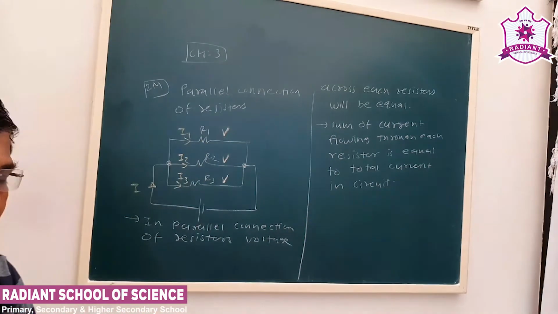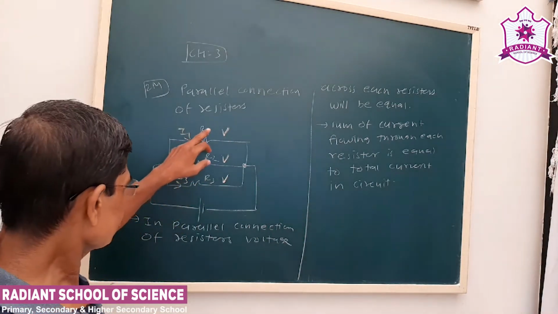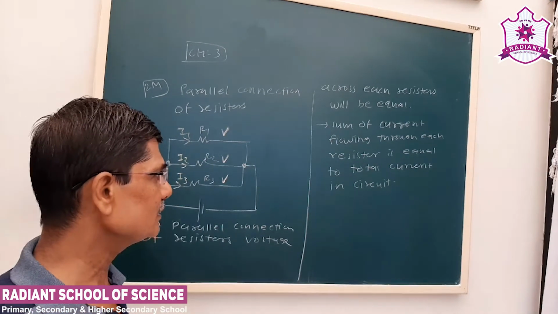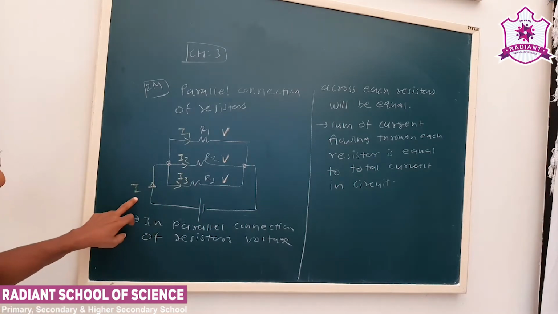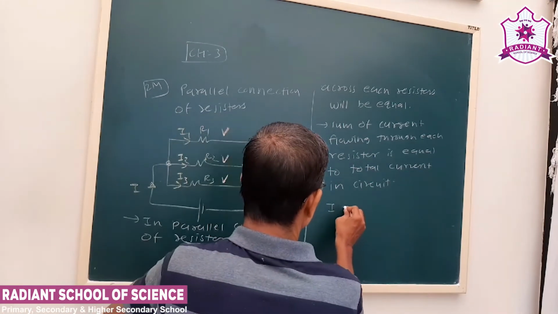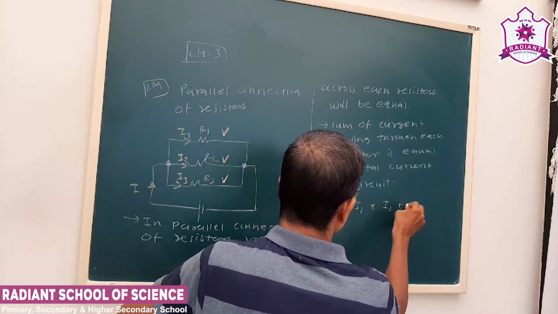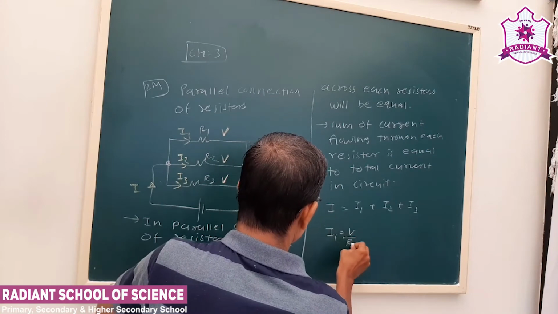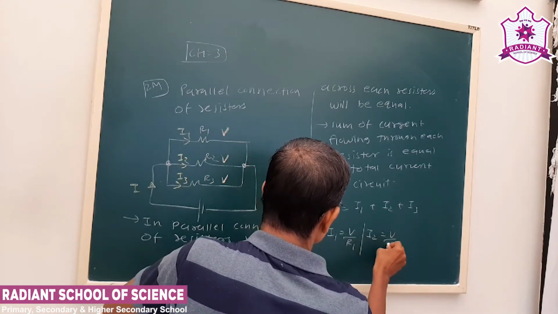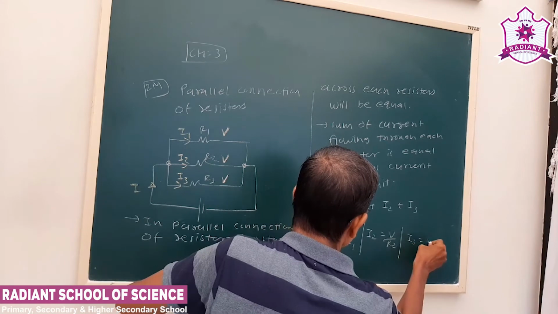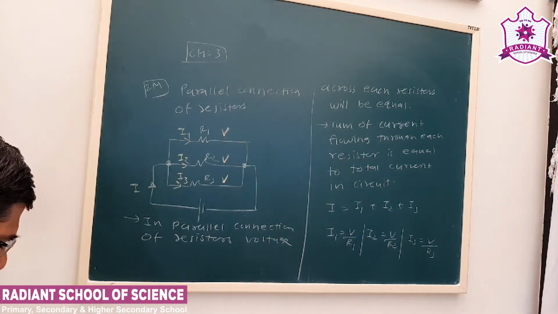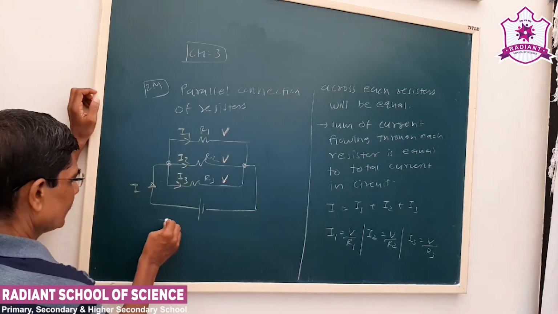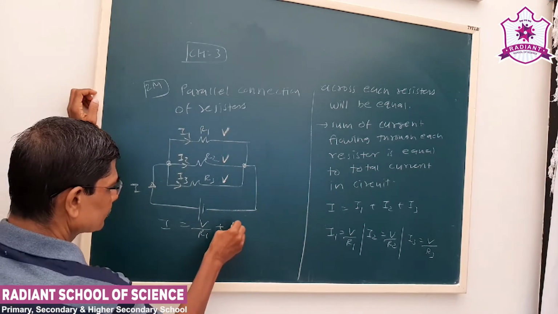Okay, see, in parallel connection, voltage across each resistor will be the same, and the sum of the current flowing through each resistor is equal to the total current. Now let us say total current is I1 plus I2 plus I3. Okay. Now I1 is V upon R1. Okay. Now this we can write as I is equal to V upon R1 plus V upon R2 plus V upon R3.